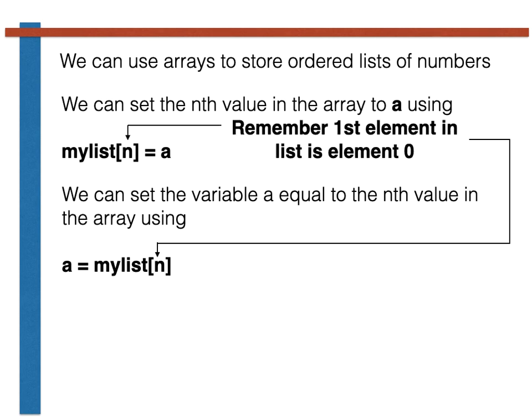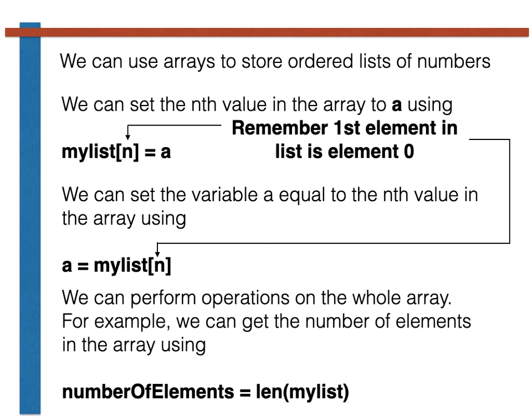In both these commands, it is important to remember that the first element of the array is element 0, the second element is element 1, and so on, which is perhaps confusing at first, but is something that you will hopefully grow to love.